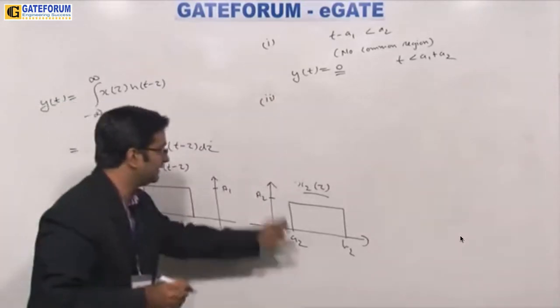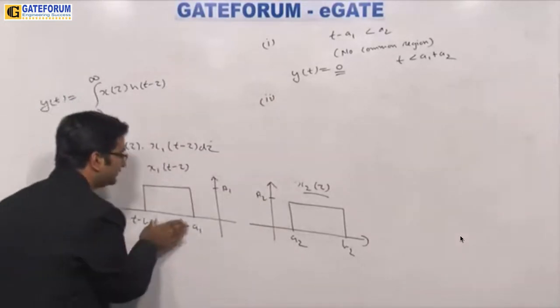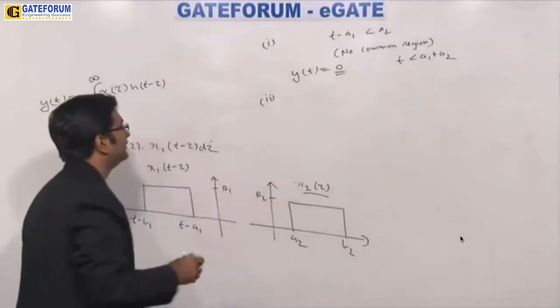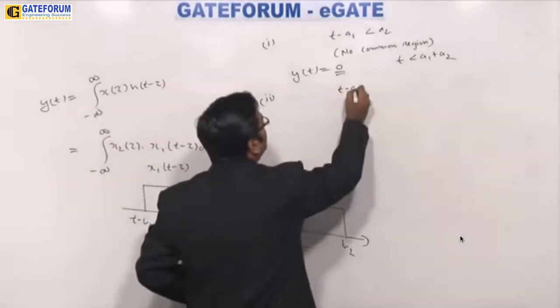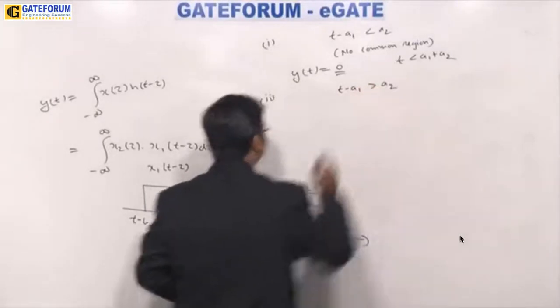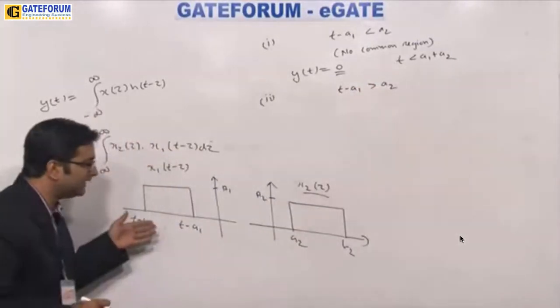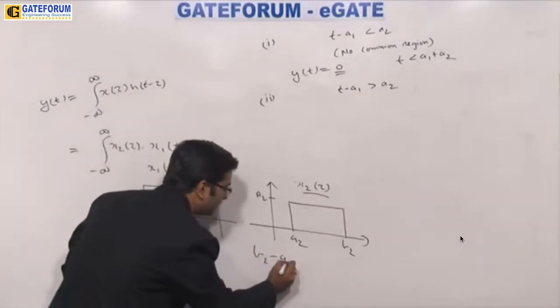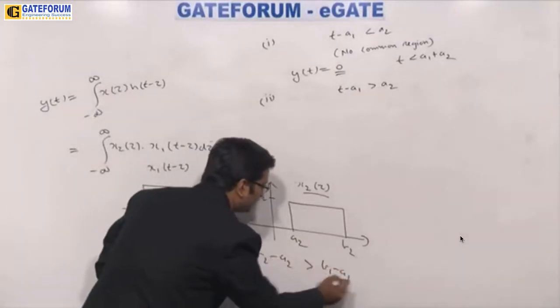if t minus a1 is greater than a2, yes, now in that case, this particular thing has gone into the system. T minus a1 greater than a2. And it is getting into the system, slowly it is getting into the system. Remember this condition, b2 minus a2 is greater than b1 minus a1.